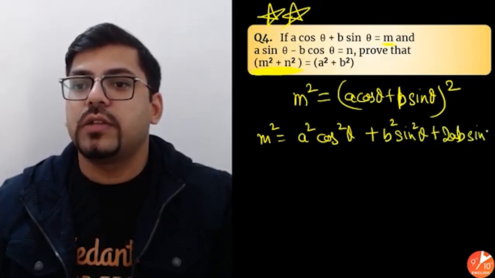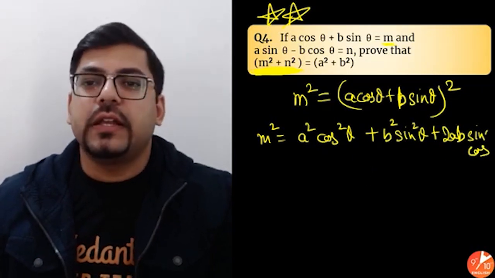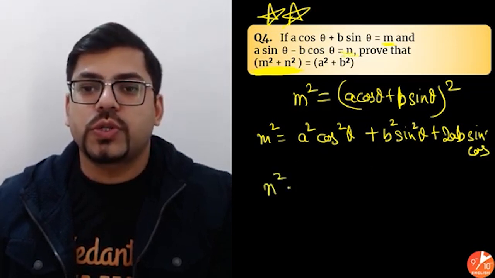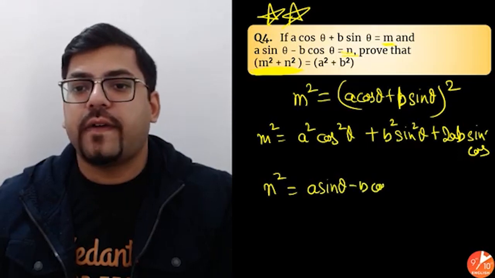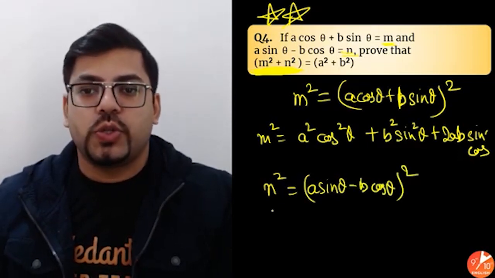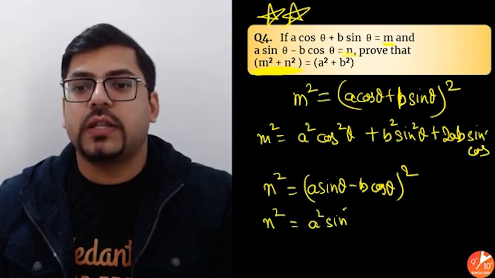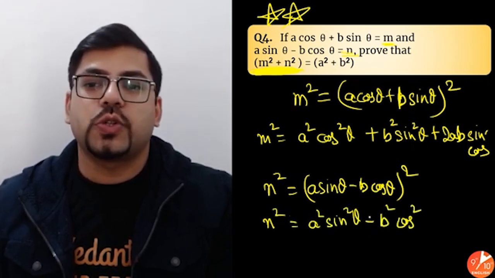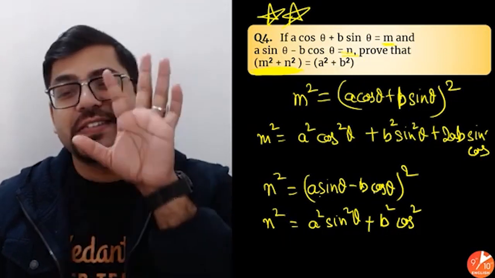Similarly, for n, you should do the square. N square equals (a sin theta minus b cos theta) whole square. So then you will get n square equals a square sin square theta minus b square cos square theta. Very sorry, this will be plus, because in (a minus b) whole square the square terms are still plus.